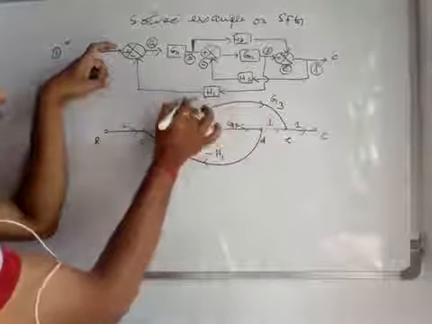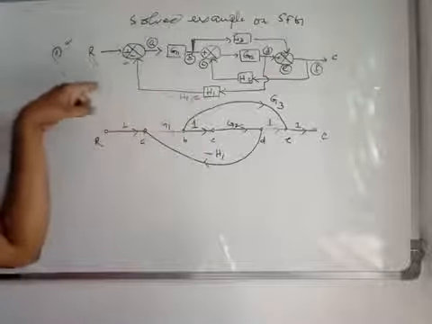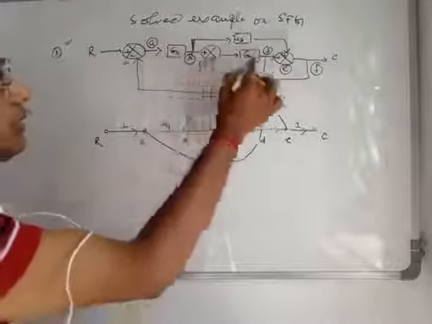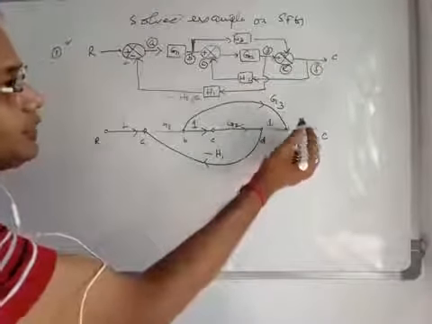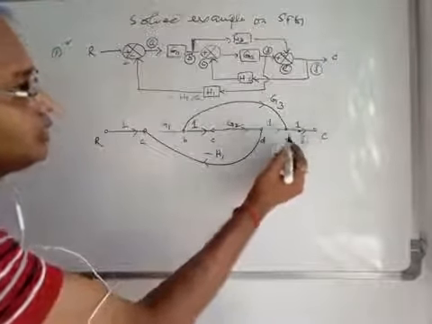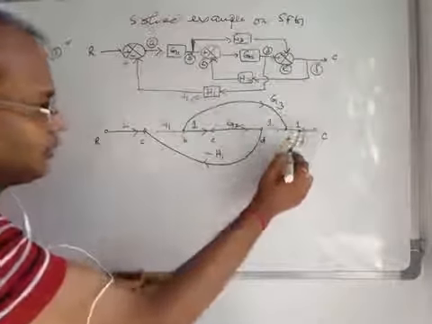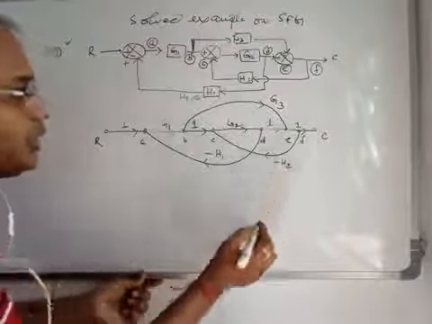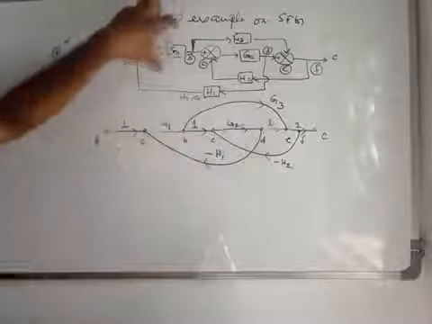So we can write the signal flow graph like this. And C to F, or here to E, same position. There is a node F, so C to F also has the same type of branch with gain. Automatically this will be minus H2, right?